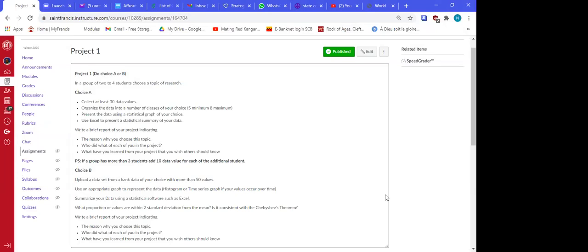How often do you visit the doctor every year? How long can you afford to drive? You can think about any type of information you might want to get from individuals, at least 30 of them, which will provide you with a number. So that is the first question: collect at least 30 data values.